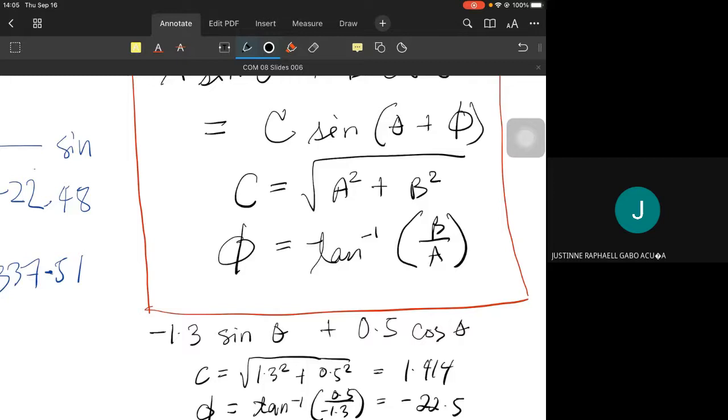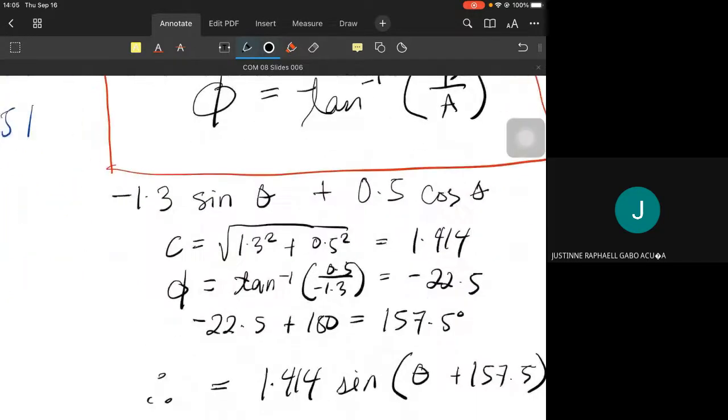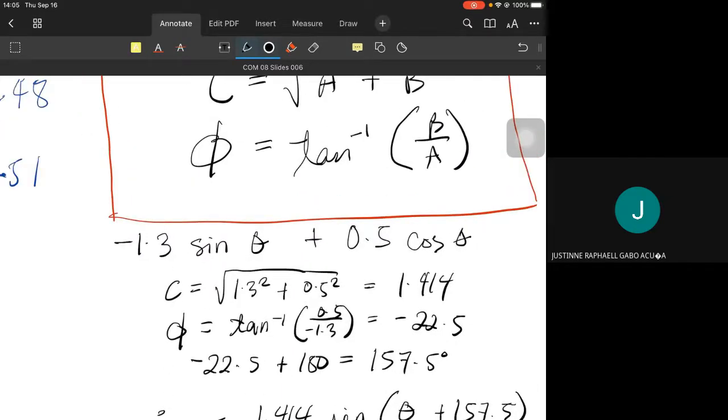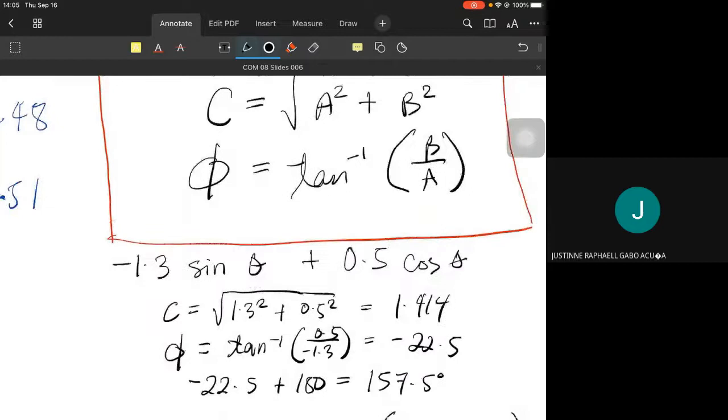Let's say for example this one we solved last meeting, negative 1.3 or positive 0.5. So B here is 0.5 and A is negative 1.3. Try it among yourselves.